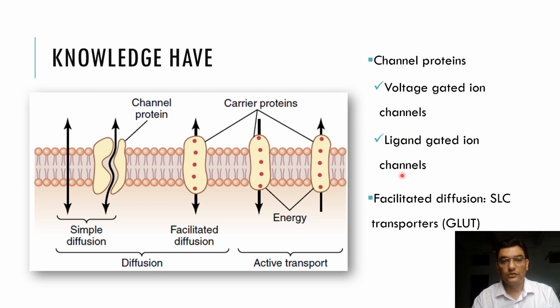We also saw one very important example of facilitated diffusion, solute carrier transporters, and one important example of this SLC is the glucose transporter. So we have seen simple diffusion and facilitated diffusion in another lecture. Today we are going to understand this part, active transport.